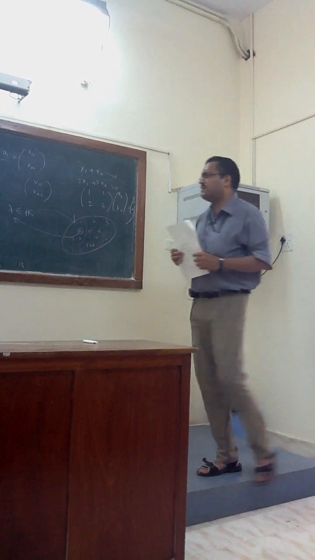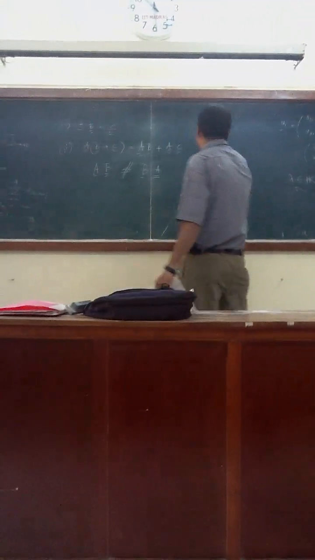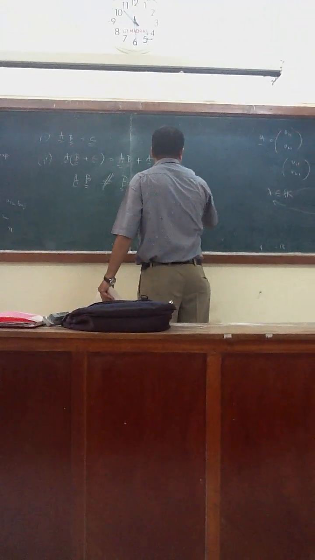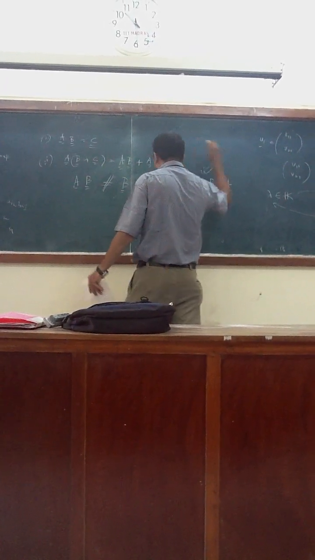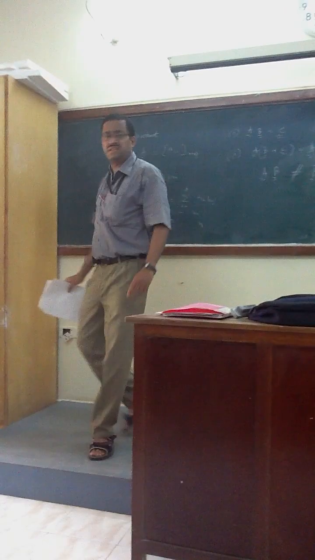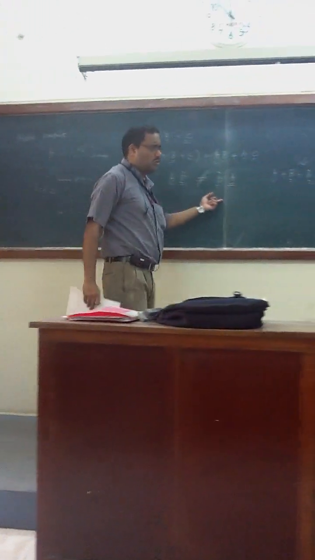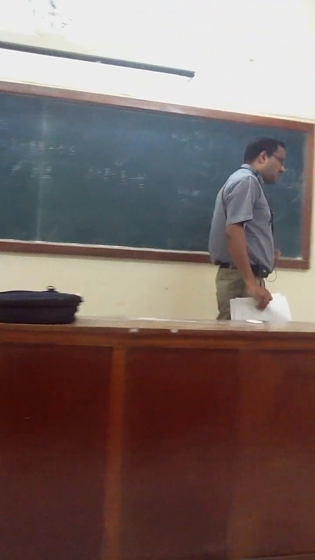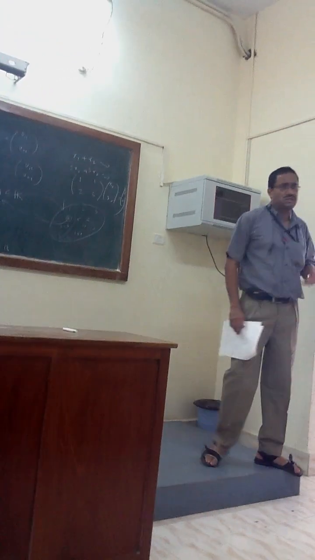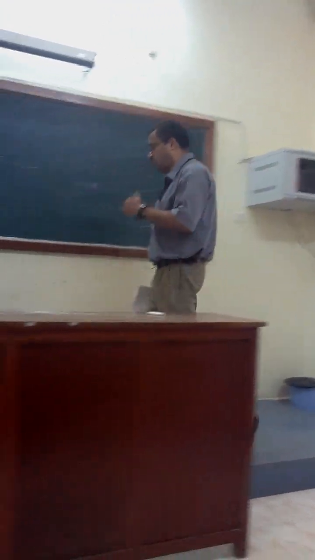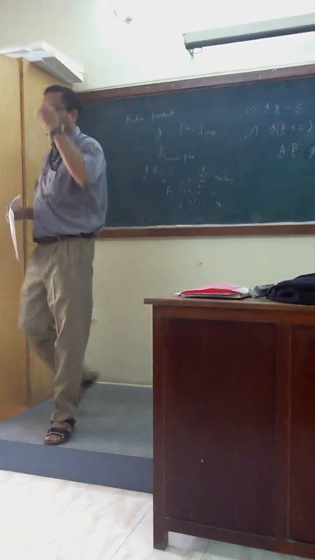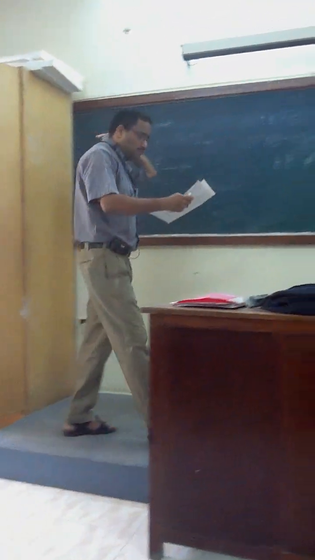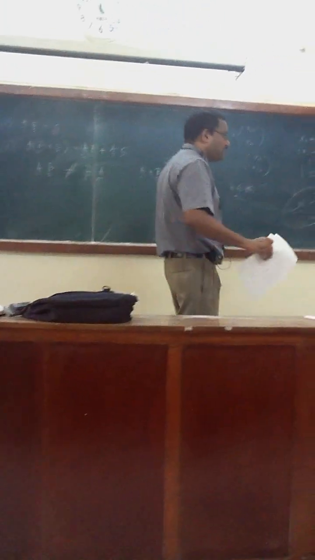But for summation, it is okay. If you want to write A plus B equal to B plus A, no problem. But this never happens for the product. So when you talk about commuting matrices, look at the sum and product. Sum, okay. Product, no. You have to be very careful. So the distributive properties or associative properties occur.